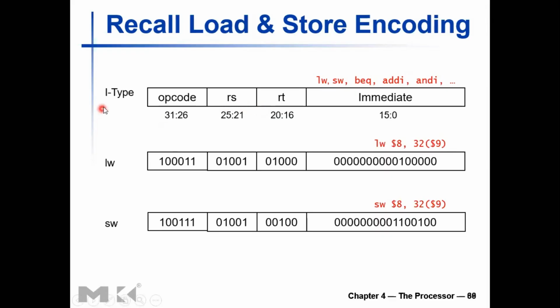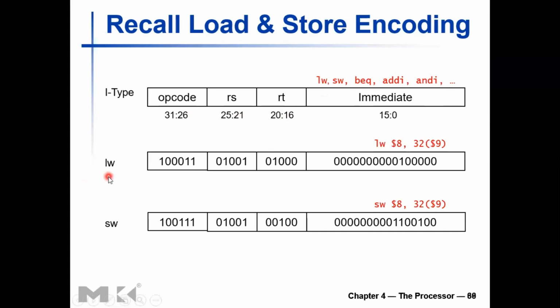Okay, so these are I-type instructions in MIPS, as we know. The opcode is the most significant 6 bits. Then we have two register operands, bits 21 to 25 and bits 16 to 20. These are register numbers, and the 16-bit immediate value is the address offset.